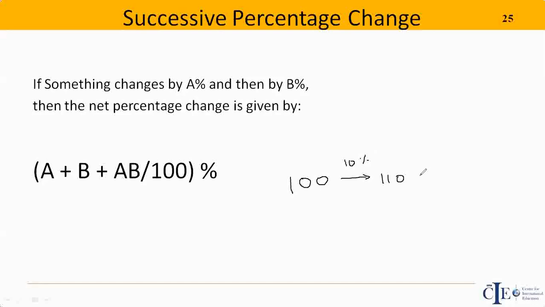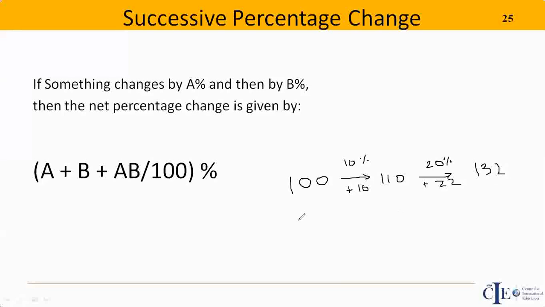Then further on this one, you increase it by another 20%. So first increase by 10% and then by 20%. Now 10% of 110 is 11, so 20% is 22. So adding another 22. So 110 and 22, this is 132. So I got the final value as 132.